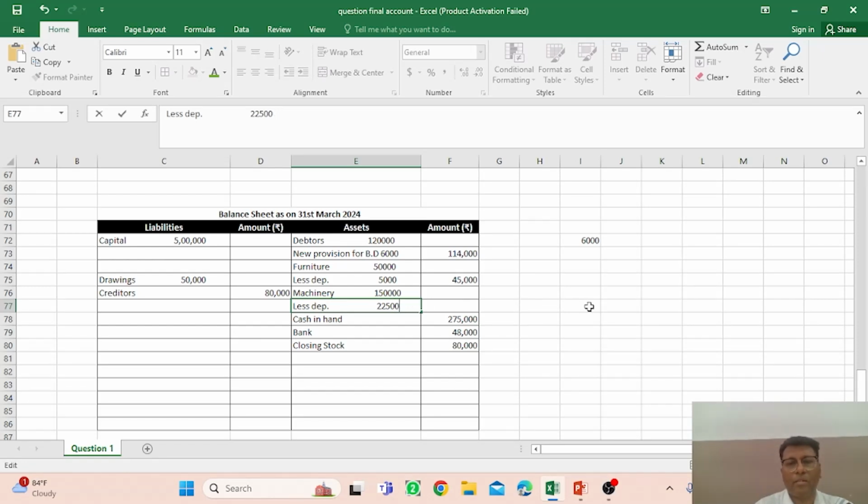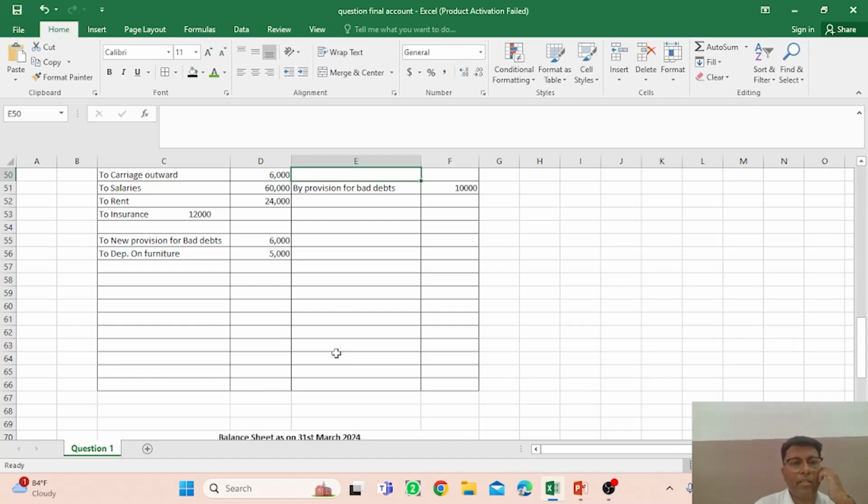And you have to subtract: 1,50,000 minus 22,500, you will find 1,27,500. And you have to mention this depreciation on machinery on the debit side of the P&L account, to depreciation on machinery 22,500.